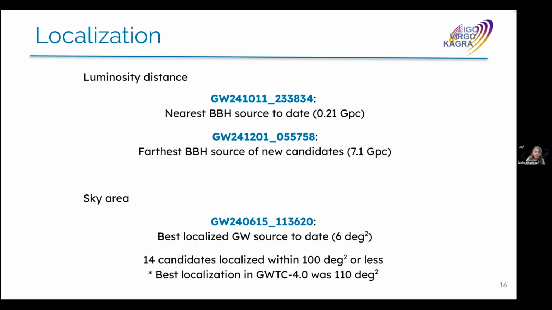And when we talk about sky area, I think Leo mentioned this before as well, GW240615 is the best localized GW source that we have to date, which is about 6 square degrees. And we had 14 candidates localized within 100 square degrees or less. And the best localization in GWTC-4, as just a reference, was 110 square degrees. So this is an improvement over what we have seen in the last catalog. And that is all about the source parameters that I had to say. Passing it on to Leo.